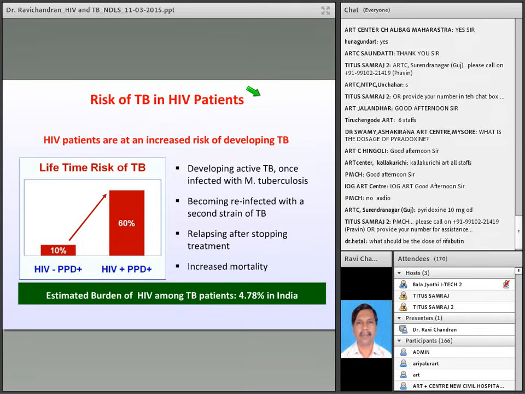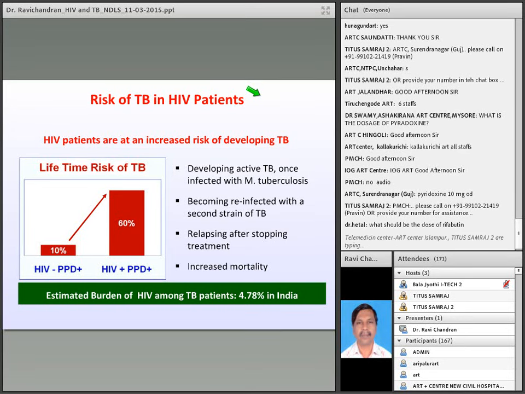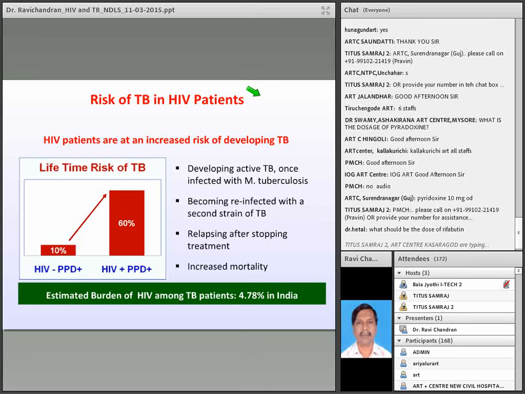Relapse after stopping the treatment is very common in patients living with HIV, and the mortality is much more in patients with tuberculosis and HIV. The estimated burden of HIV among TB patients is 4.78% in India.